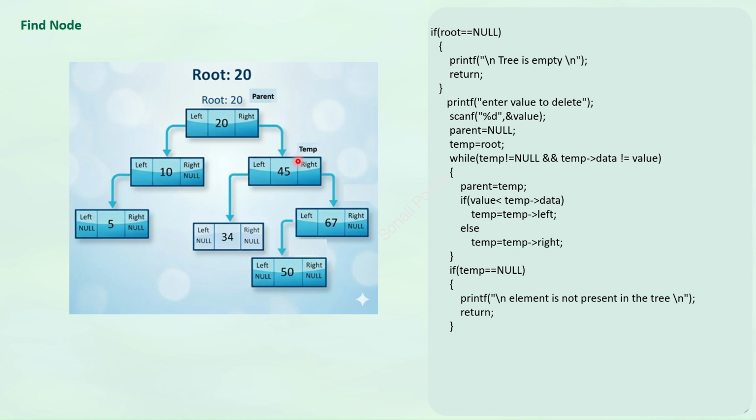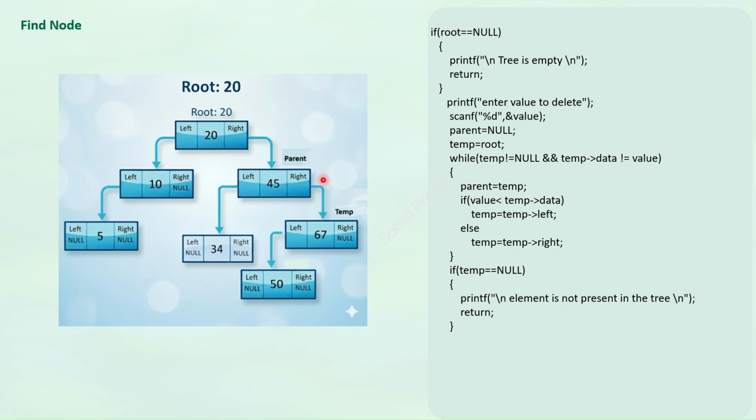After that, compare the temp data and value. Now value is 50 and temp data is 45, so this condition is false. We go into the else part and move temp to the right side. After completion of the second iteration, this is the result. Parent will come to 45 and temp will come to 67.